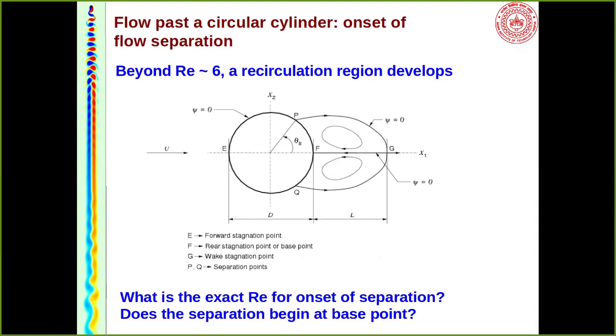So these are points of separation and points of reattachment. The question that Professor Sen was asking is, what is the exact Reynolds number onset of separation, and where does the separation begin? Because some people were saying the flow could separate all of a sudden at some location, but the hunch was it should separate here, at the base point.